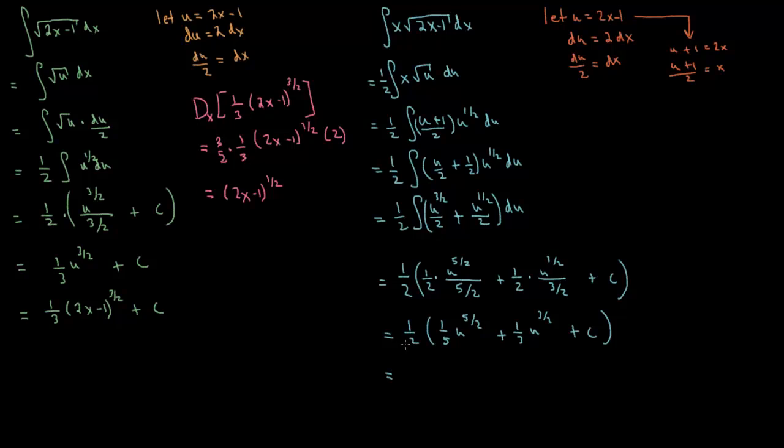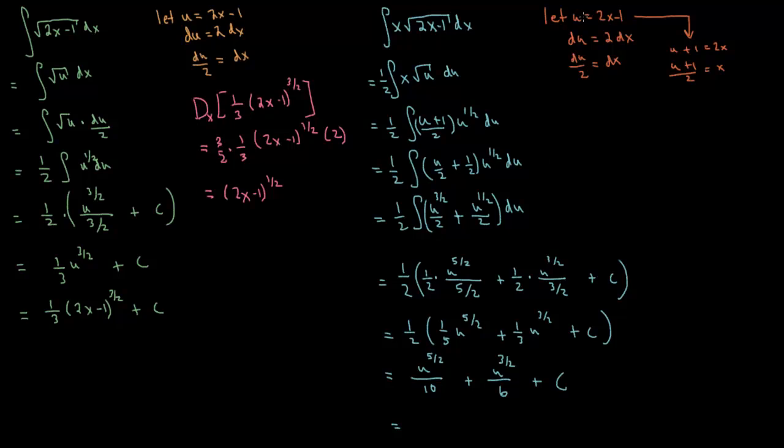We need to distribute, and then we need to make our final back substitution. So we have u to the 5 halves divided by, it's 1/5 and 1/2, so that's divided by 10. 1/2 and 1/3 is over 6 for the second term. So u to the 3 halves, then plus c. Now, lastly, we just need to make that last substitution. We want our final solution to be in x's.